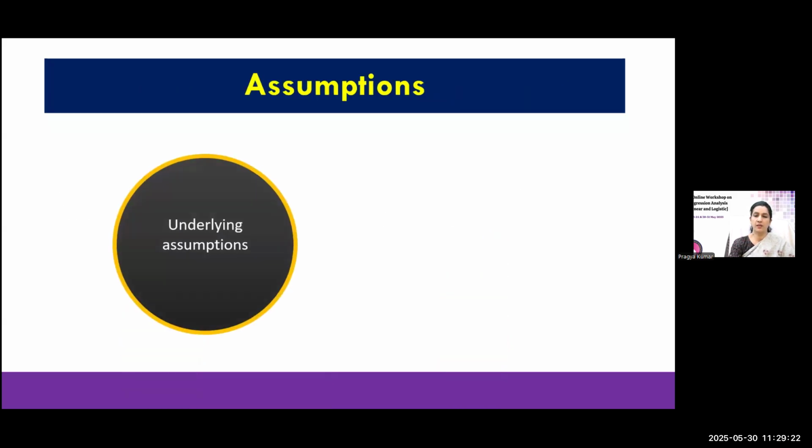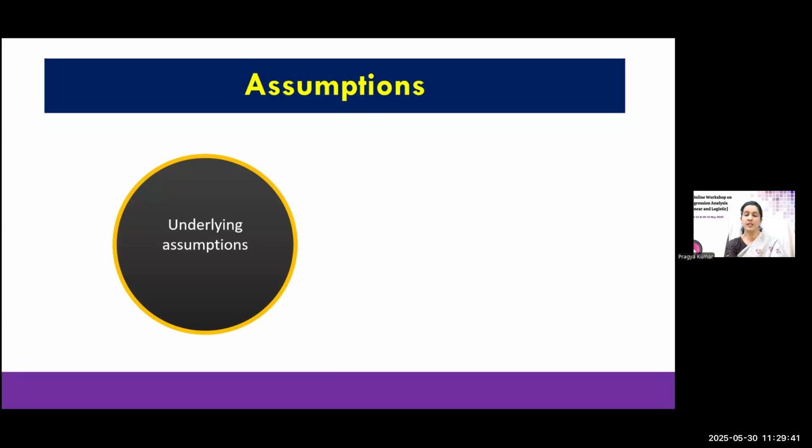So what are the assumptions? All the assumptions which you have learned in linear regression hold true for logistic regression also, because using the logit function, we have converted the dependent variable into a continuous variable using the logit of y.